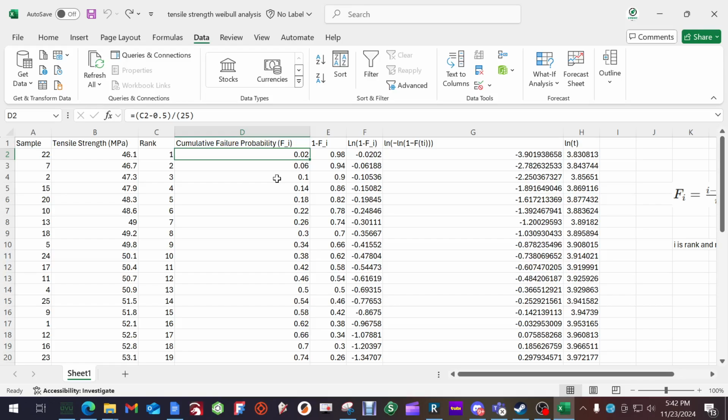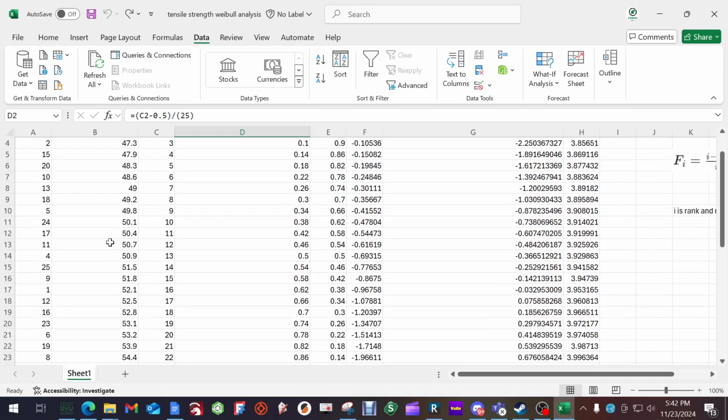So if I make 100 of these hooks, 2 of them are going to fail. So 2 out of 100, not bad, if I keep the limits to 46.1. And it goes higher and higher, and as you get higher in your strengths, obviously your failure rate is higher.